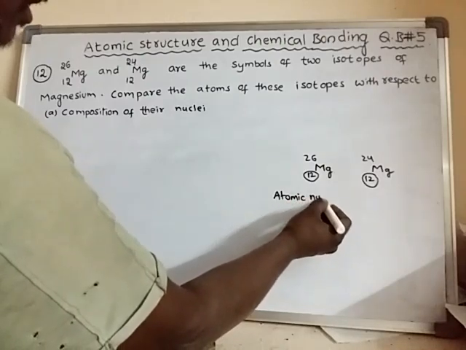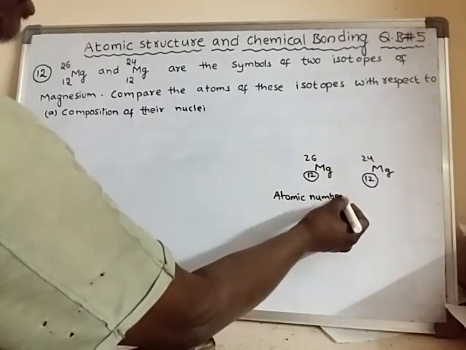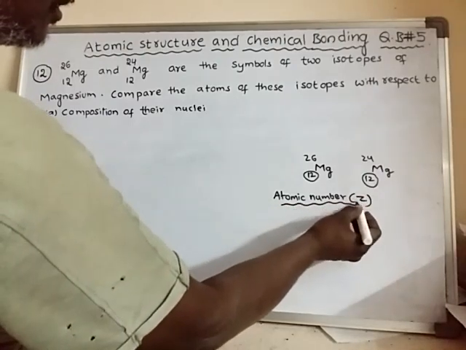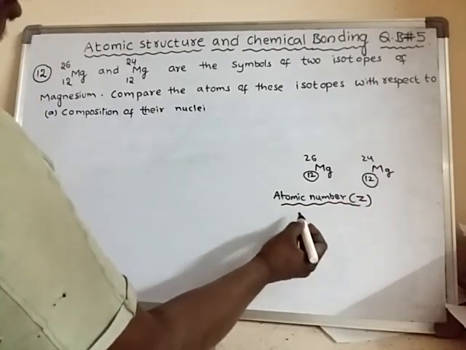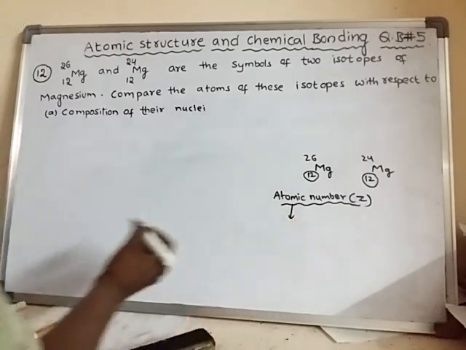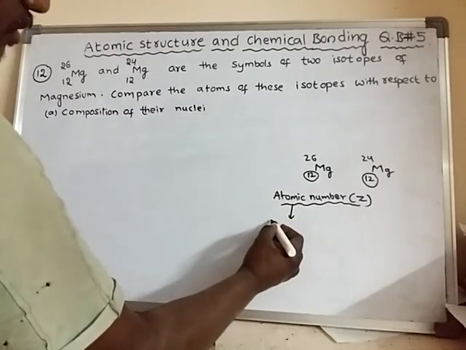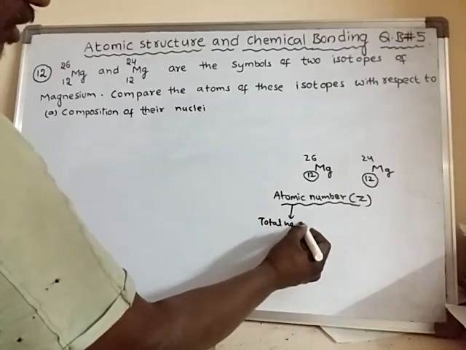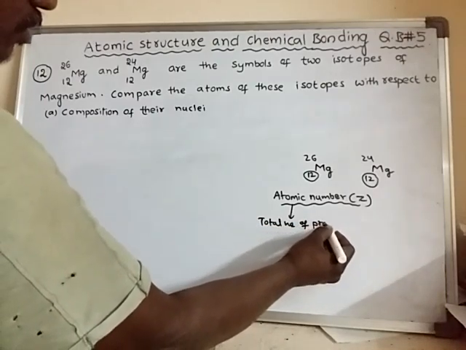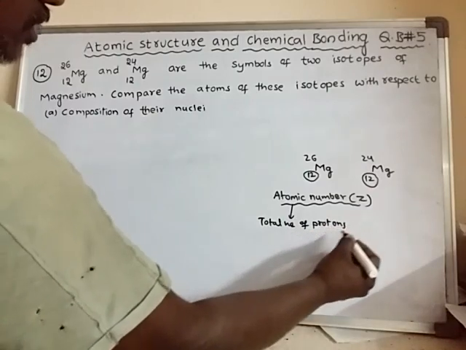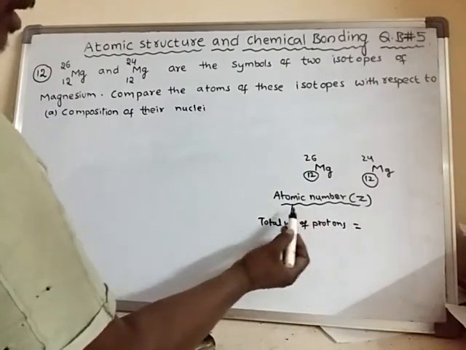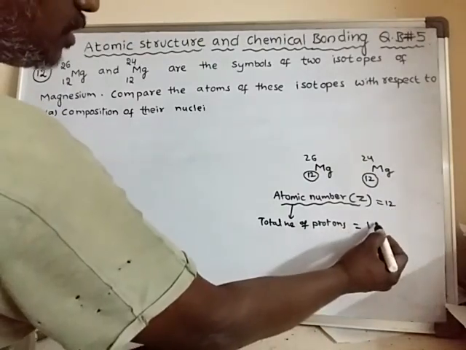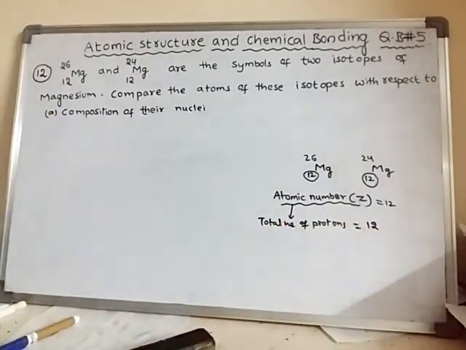Atomic number is generally denoted by Z. Atomic number is nothing but the total number of protons. How many? As the atomic number is 12, the total number of protons will be 12.